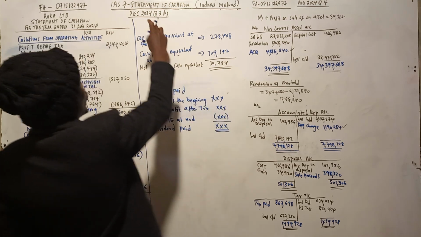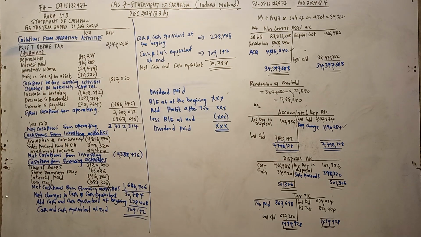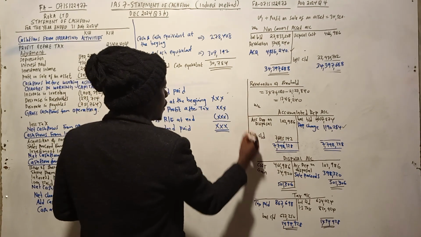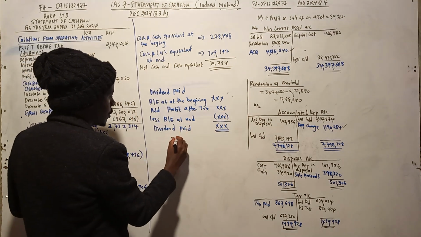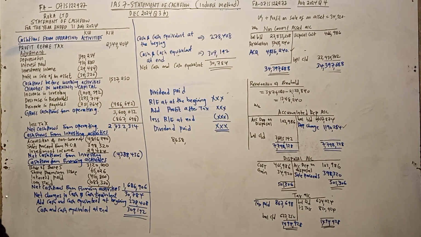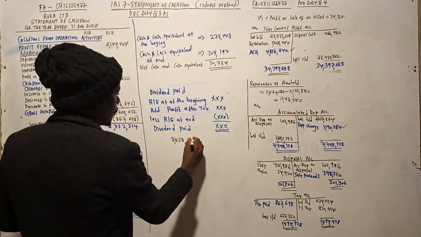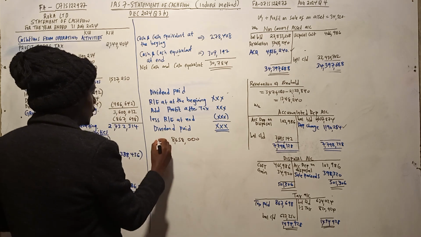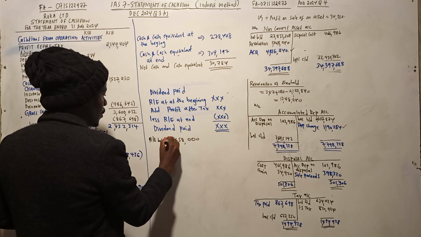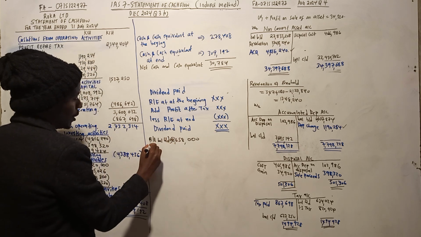If we consider this question for December 2024, if we go to our balance sheet, the retained earnings at the beginning was 86,58,000. We add the profit after tax.